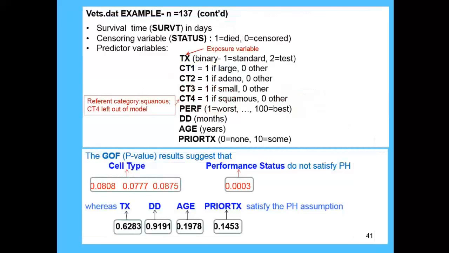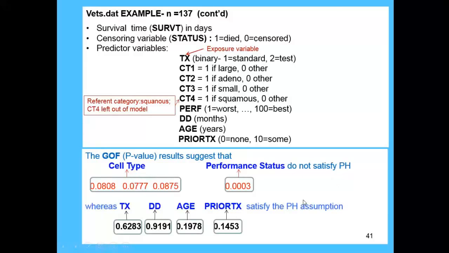This slide says, here we're dealing with the following situation. We've got these 4 categories of the cell type variable, and a variable performance status, that we're going to decide don't satisfy the assumption, because of these goodness of fit values.